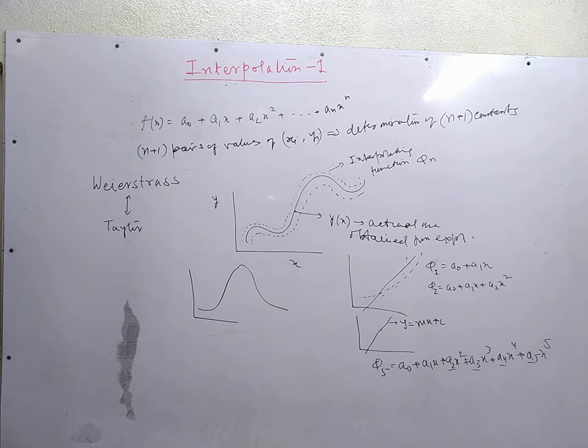In polynomial interpolation, there is a principle called the Weierstrass principle, which is the analogue of Taylor series in analytical mathematics. The Weierstrass principle says that any given function can be estimated by a polynomial of suitable degree, so that the error between the actual function and the interpolating polynomial can be made as small as we please.